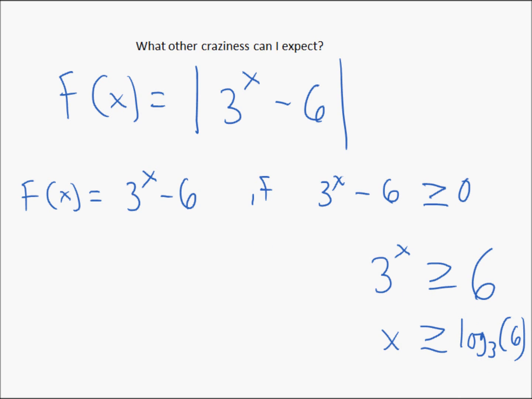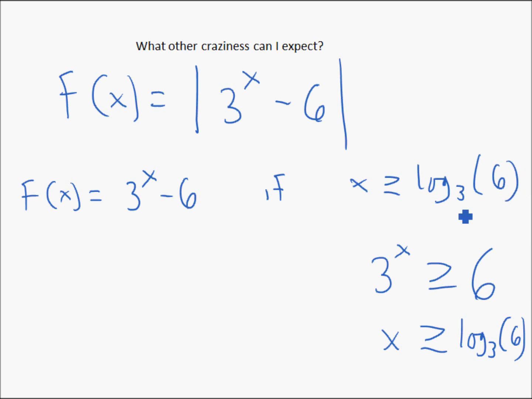So f of x will equal 3 to the x minus 6 if x is greater than or equal to log base 3 of 6. But it's going to equal the opposite of 3 to the x minus 6, so just negative 3 to the x minus 6, if, well, now we'd have to solve that other inequality.